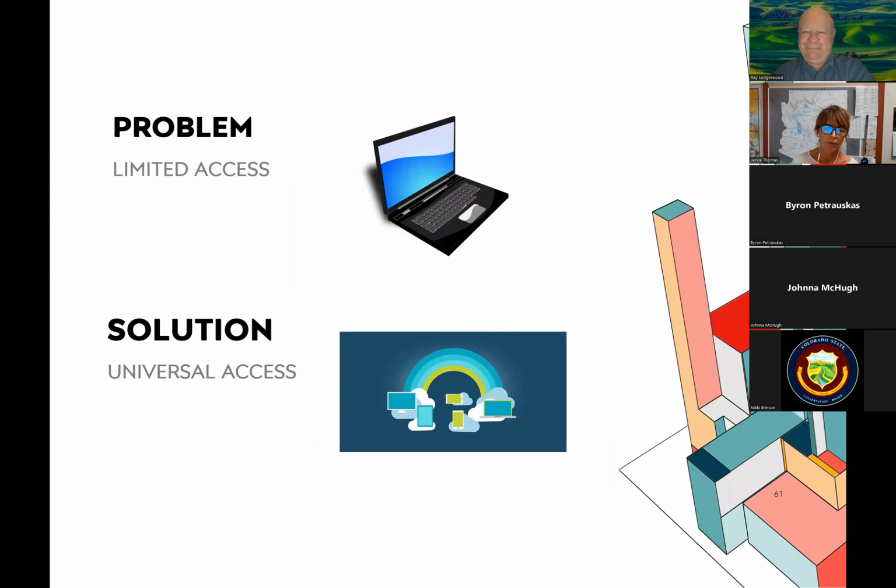Another problem that we had is limited access. Every district has a computer, many have laptops, but there's turnover in staff, clerks and supervisors. And so not everybody can remember the passwords. Sometimes computers freeze and they don't have access to them.